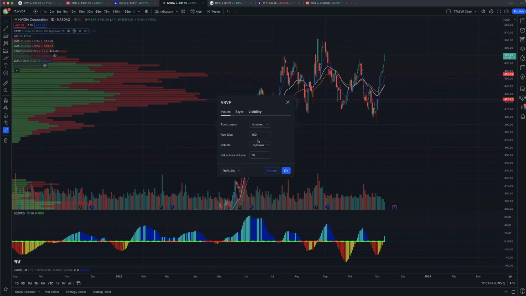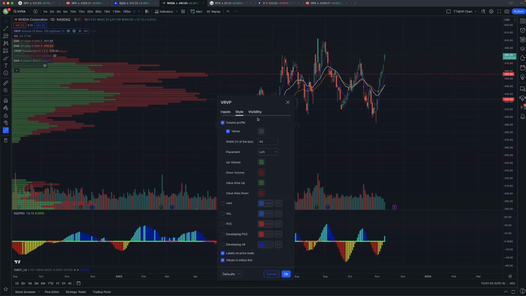I've changed my row size to 150. The standard is 770, I believe. I like a little bit more detail. And then on my style, I've moved it to the left, and I've actually changed my colors here because I kind of like the red and the green a little bit better.